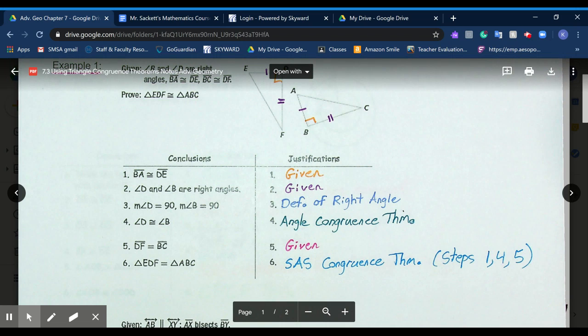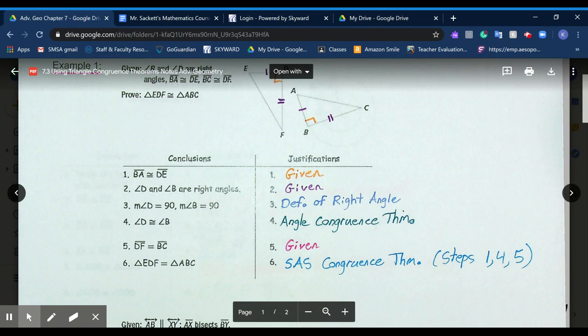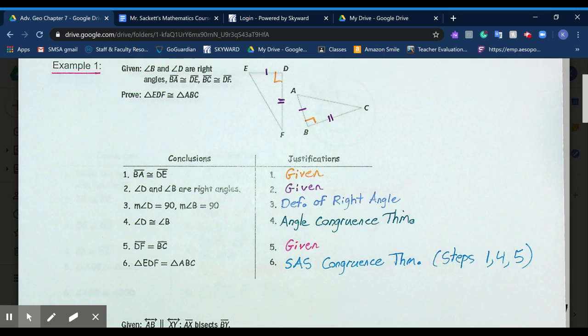Then, by definition of right angle, if they're both 90, we can indicate that angle D is congruent to angle B. That is the angle congruence theorem: if their measures are equal, then the angles are congruent.